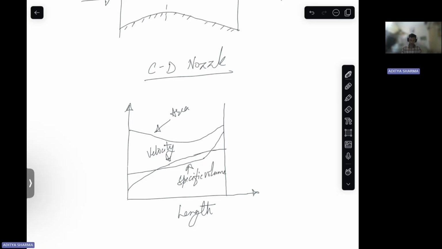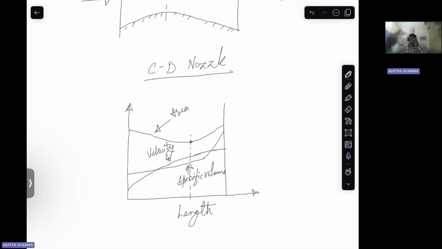One is area, then velocity, and then specific volume. Okay.